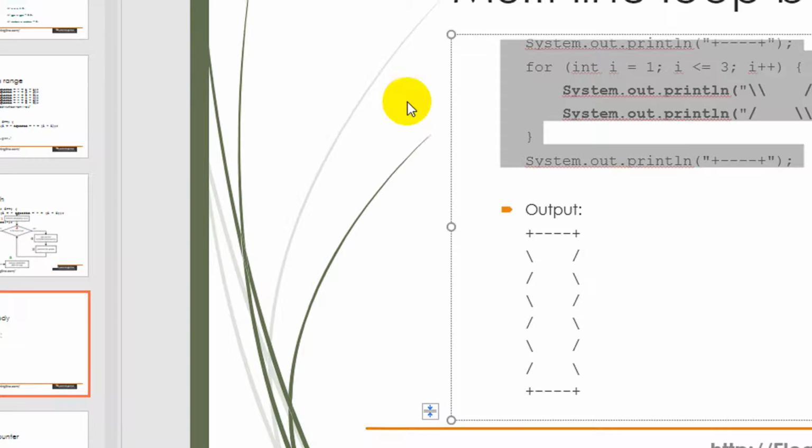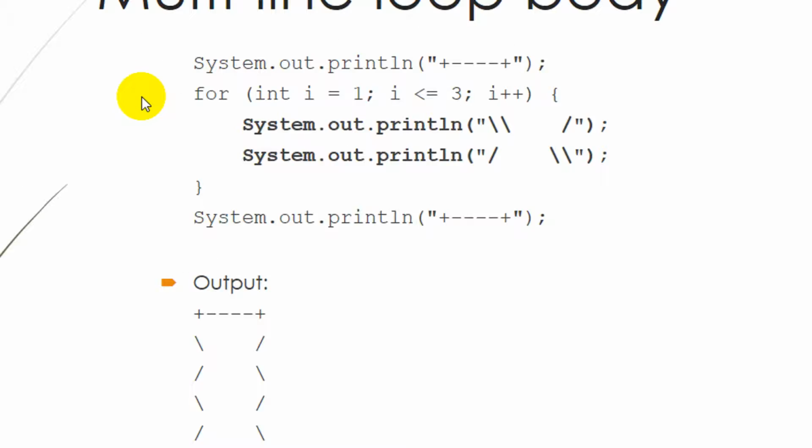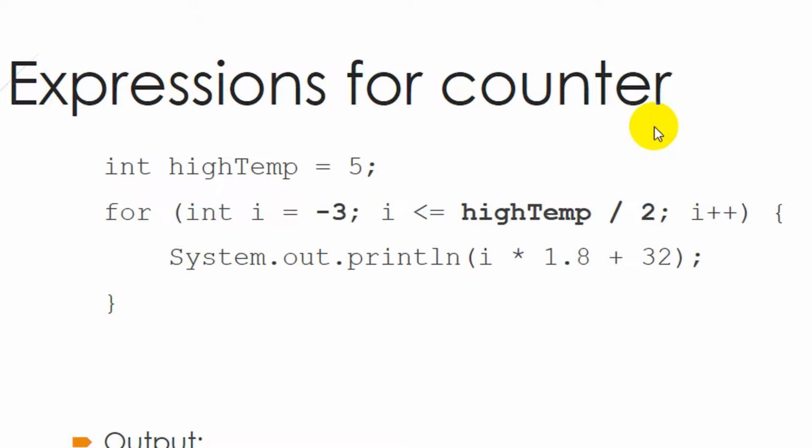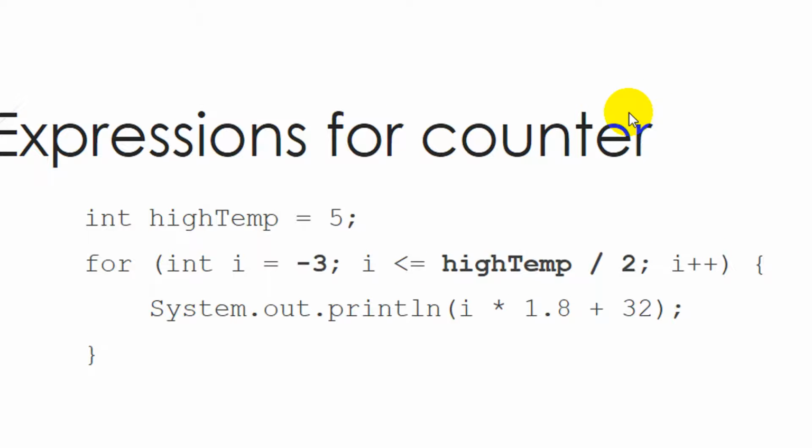Let's just go to the next statement. Expression counter. It is not just that you have to use only i less than or equal to 1, i less than or equal to 2, i less than or equal to 3. You do have an option to use a divide by 2 expression as well.